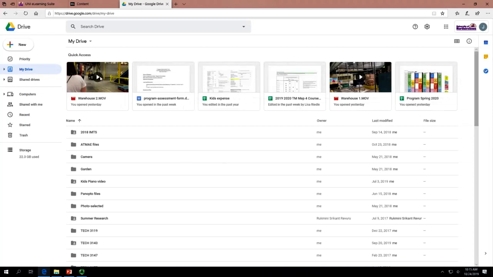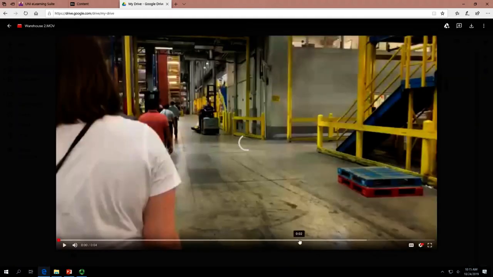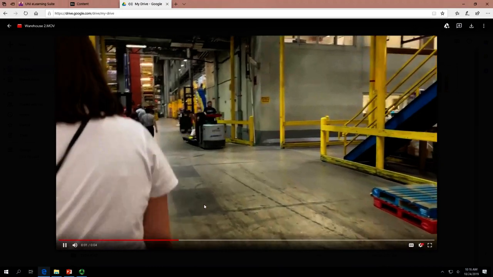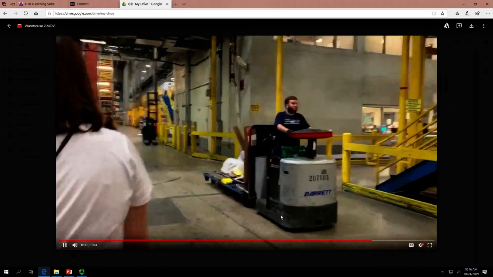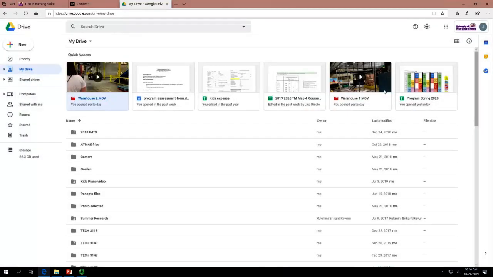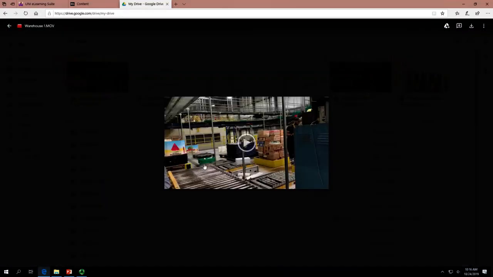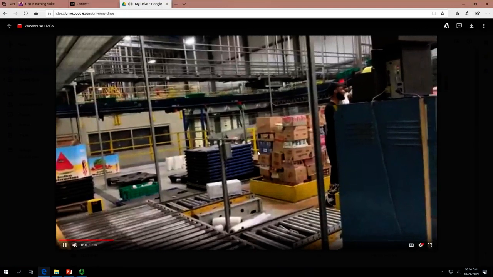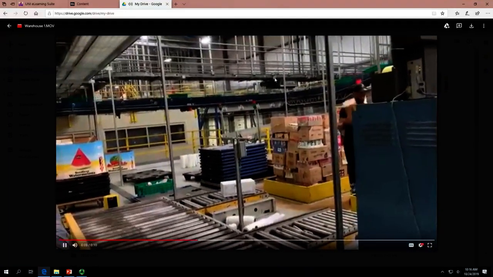Yeah, here is the warehouse I visited during summer. It's quite busy, and with this type of truck I even felt not really safe, to be honest. Here are the conveyors.